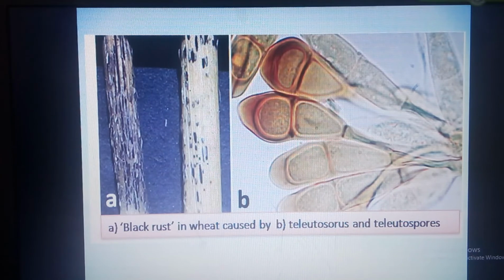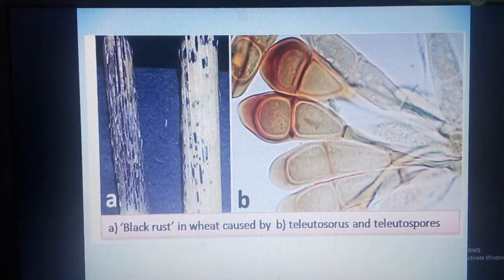Now, with the onset of favorable condition, and the favorable condition for the teliospores to germinate is low temperature with high humidity, these teliospores will start to germinate on the soil, either in detached or attached condition with the dead host.